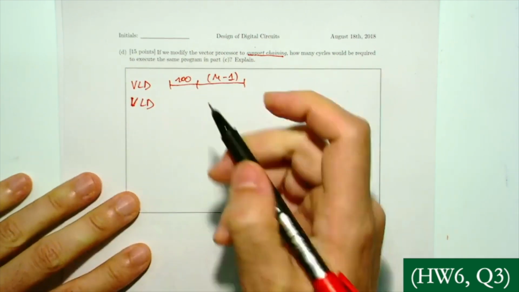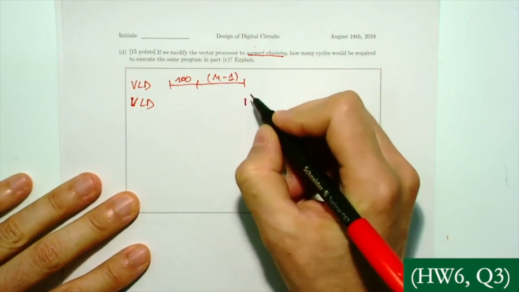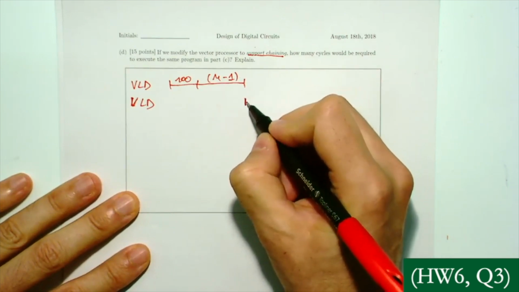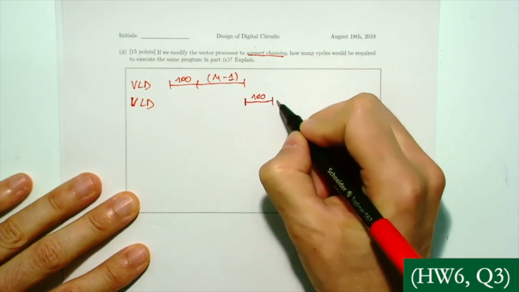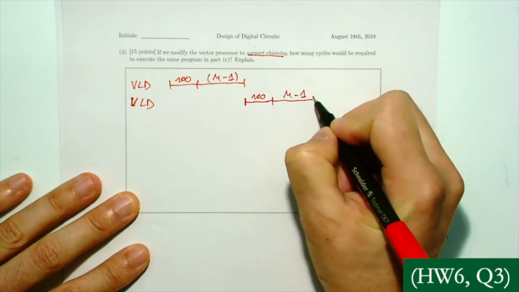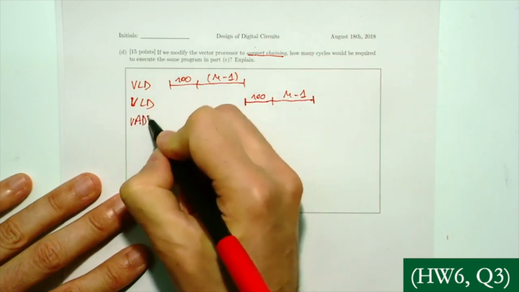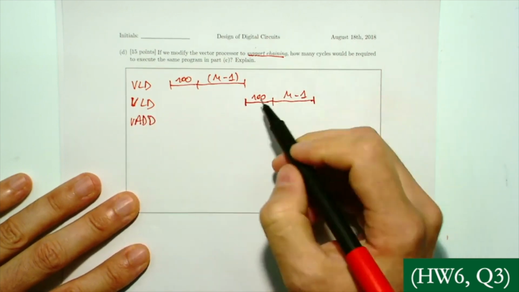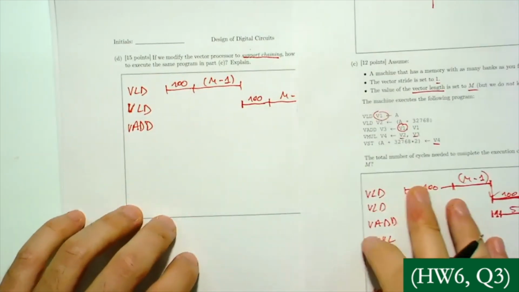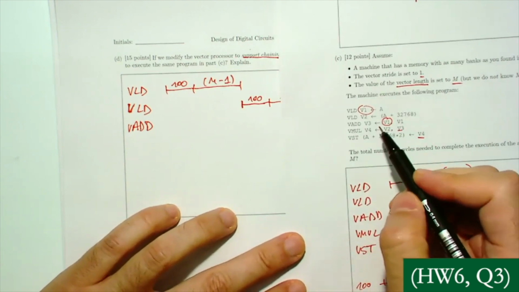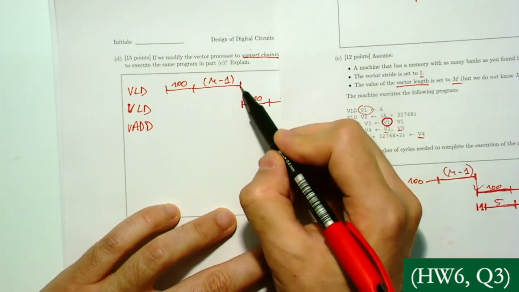The second load is independent from the previous one, but we have only one load execution unit. So we have 100 plus n minus 1. You have the add. And the add depends on B1.